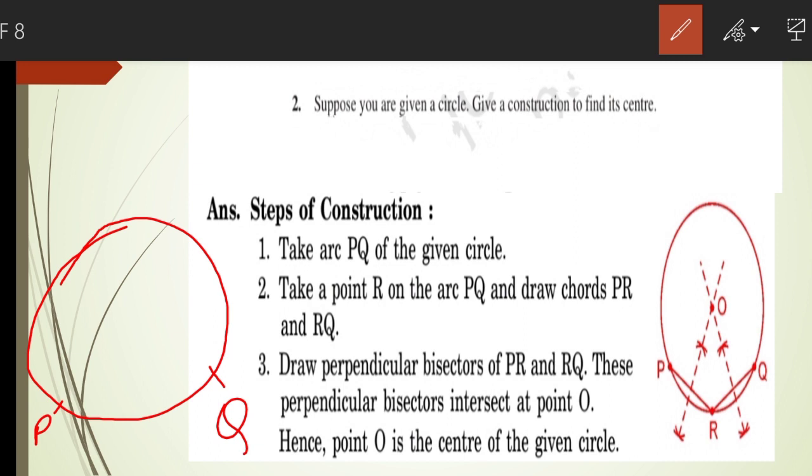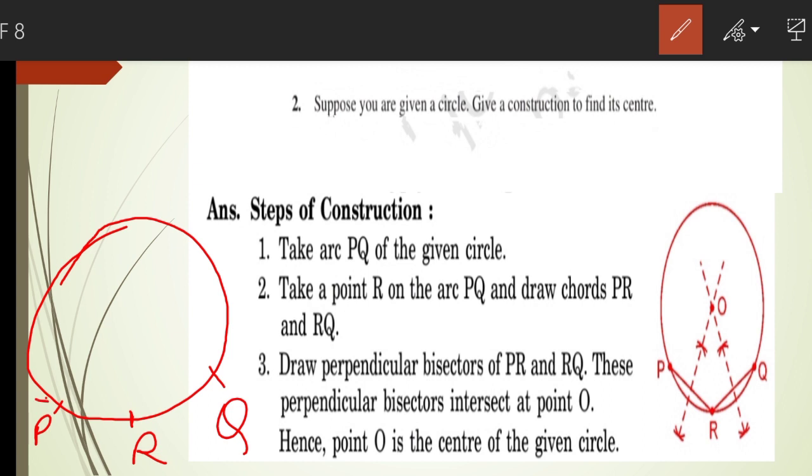Now once we have considered this arc, we will take a point on it and divide it into two small parts. So PQ will be divided into PR and RQ. Then we will join PR and QR. It's not quite straight in my case, but you have to make a straight line.